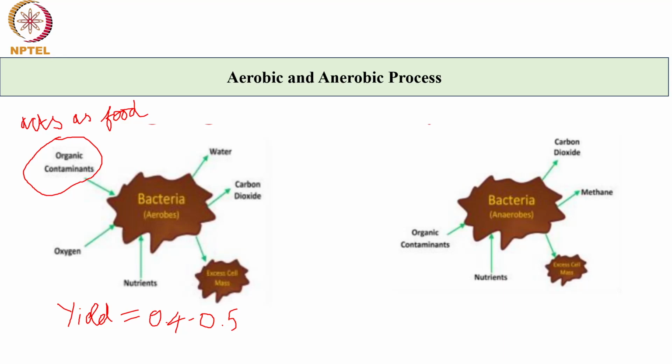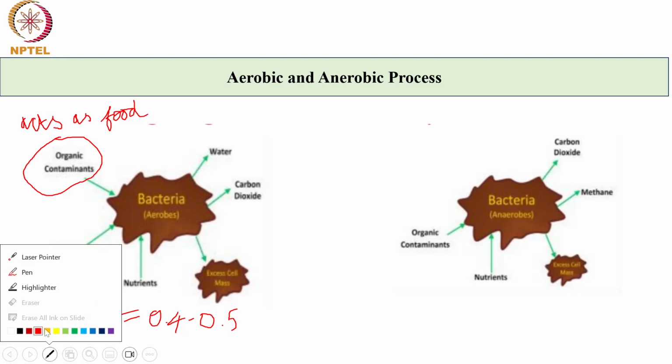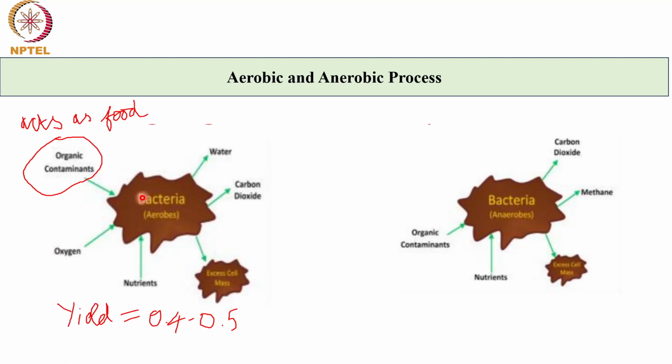In case of aerobic bacteria, the organic contaminants are taken in by the aerobic bacteria in the presence of oxygen, and they also take in nutrients. Nutrients means nitrogen and phosphorus to build their body masses.